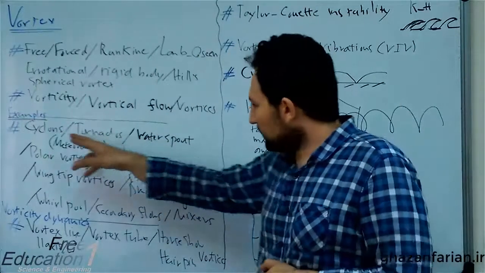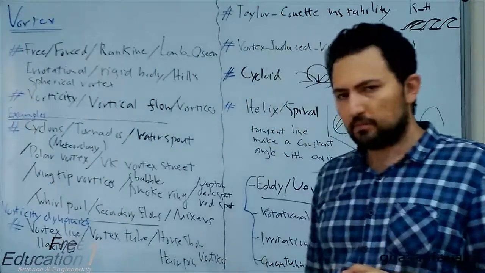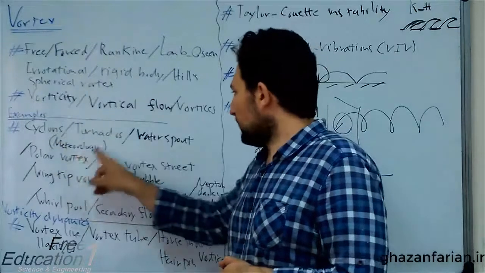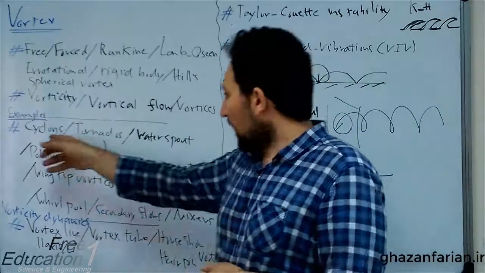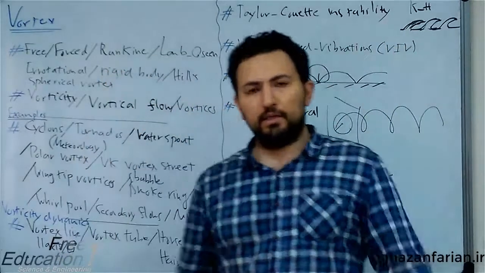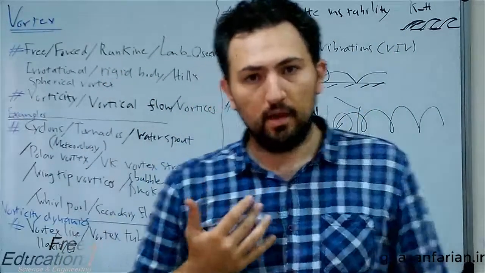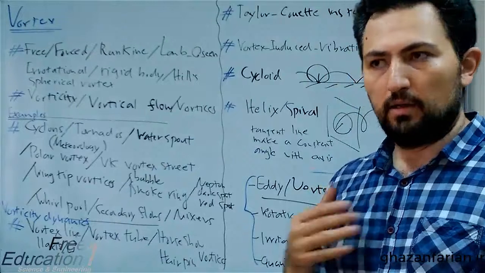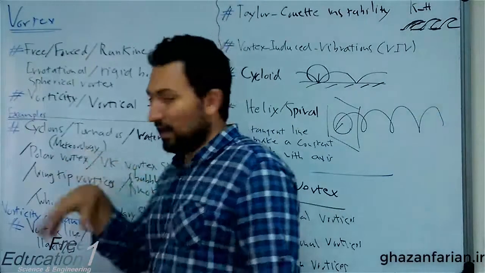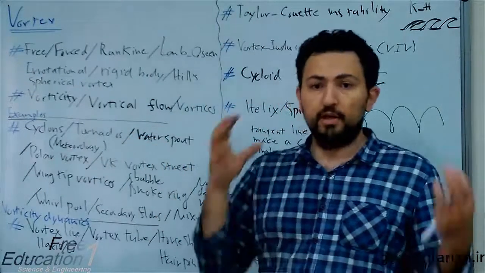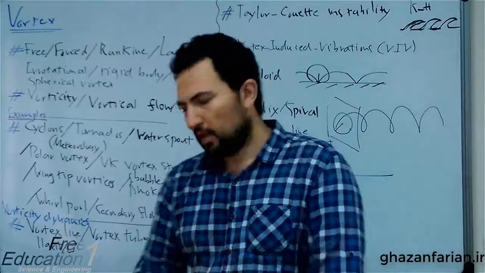Some examples are cyclones. These examples are related to meteorological sciences. Cyclones are great vortexes which you can see in weather predictions, and they have a very great low pressure core inside them.